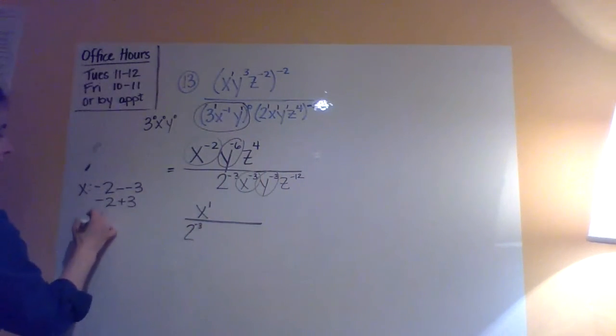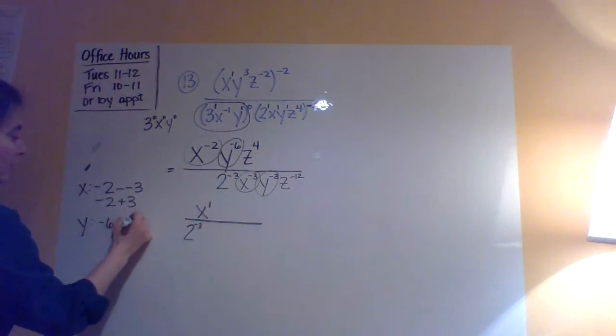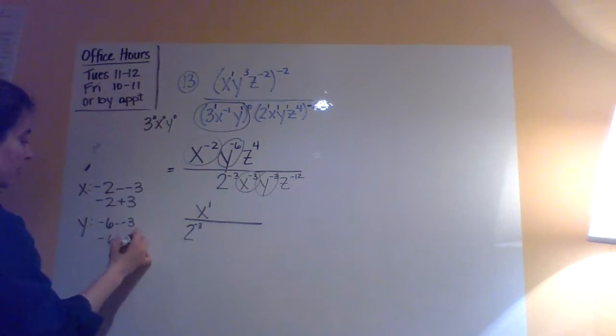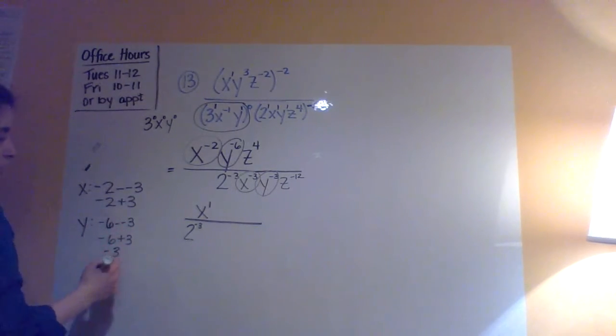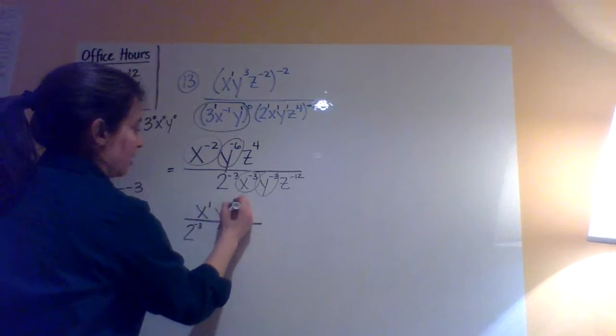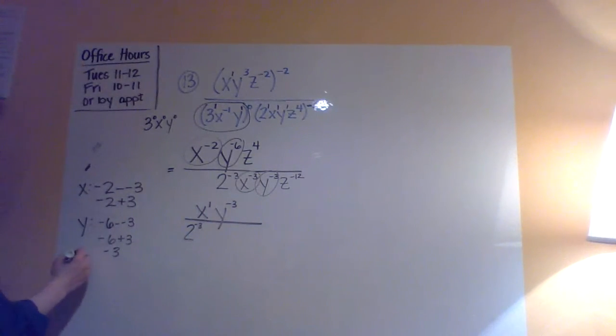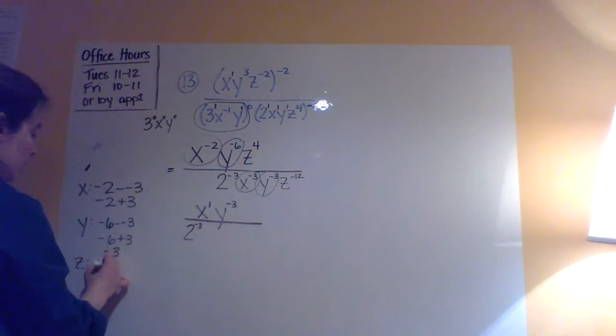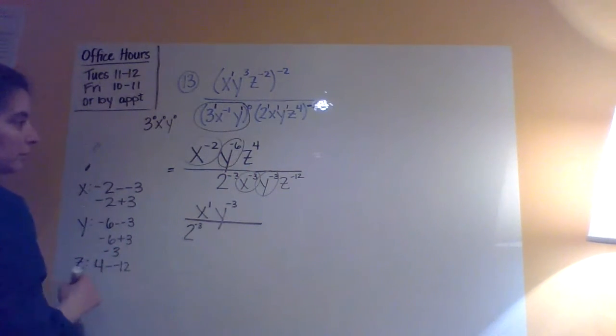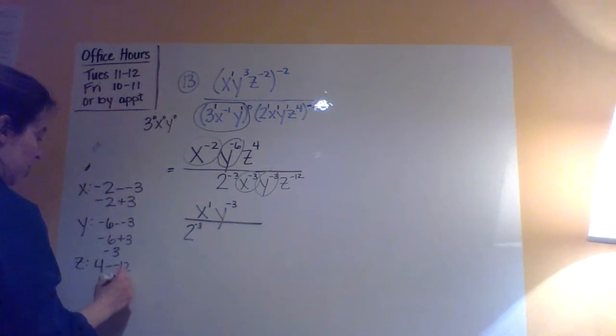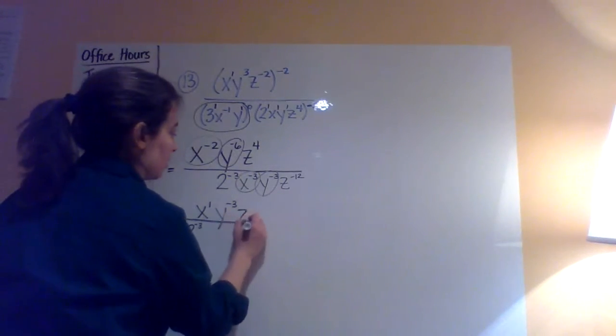So for y, I have -6 minus -3, or -6 plus 3, which is -3. So y to the -3rd. And then z, I have 4 minus -12, which is the same as 4 plus 12, which is 16.